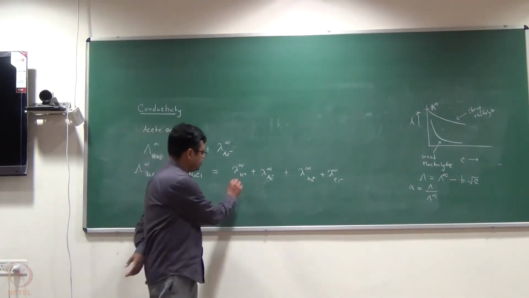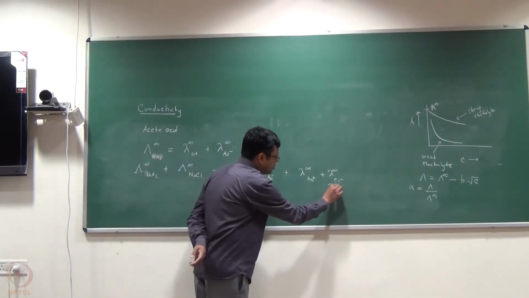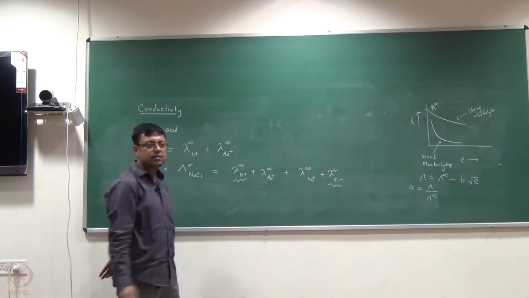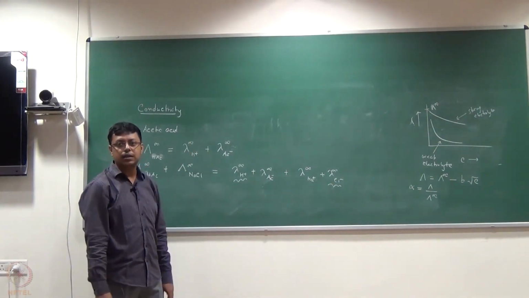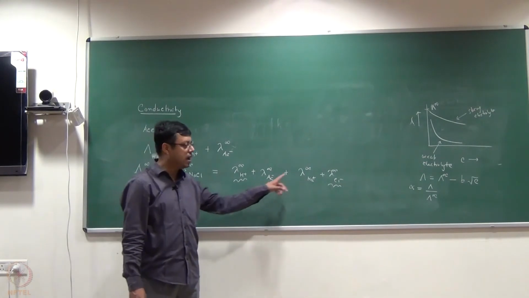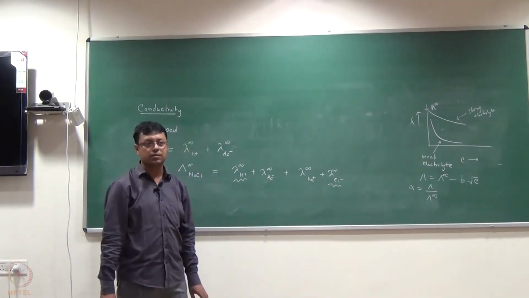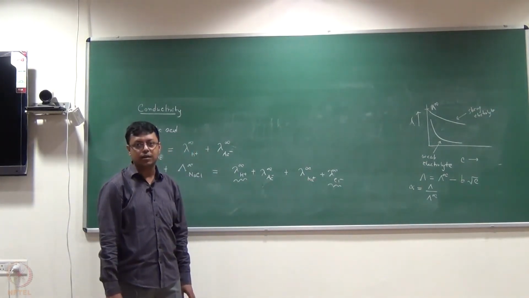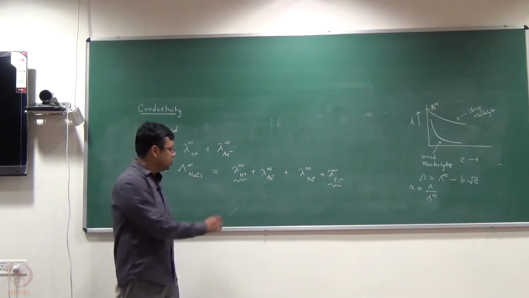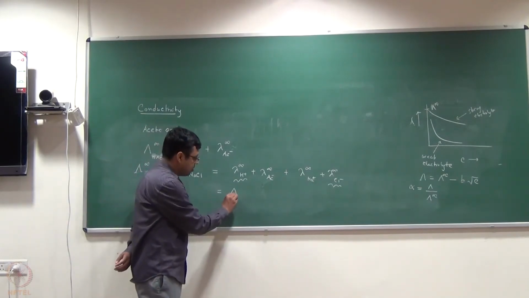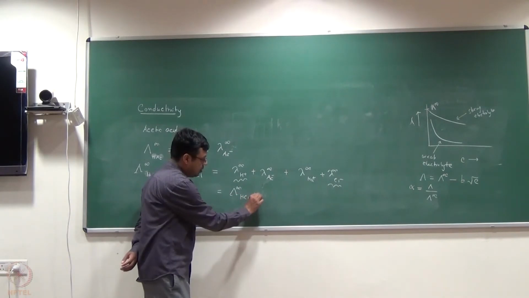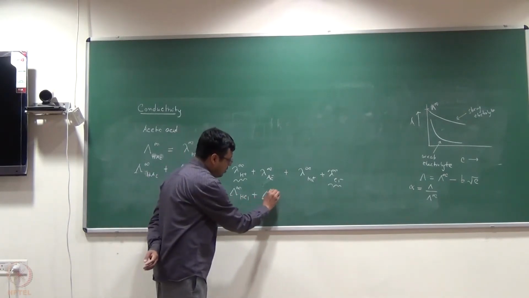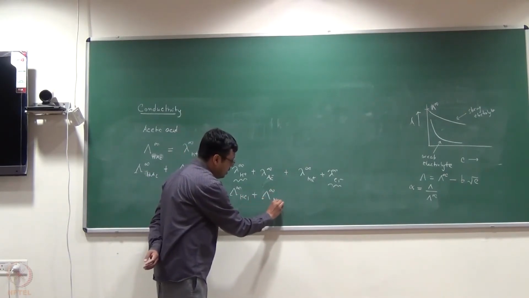This thing, if I add, is nothing but the conductance of HCl. That's a strong electrolyte. And these two, if I add, that is sodium acetate, which is also a strong electrolyte. So this is nothing but lambda infinity of HCl plus lambda infinity of NaAc.